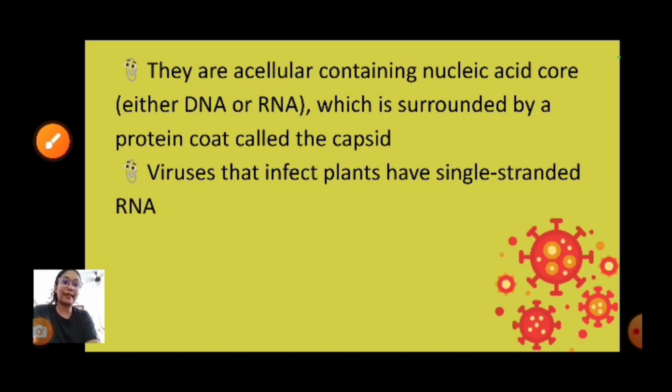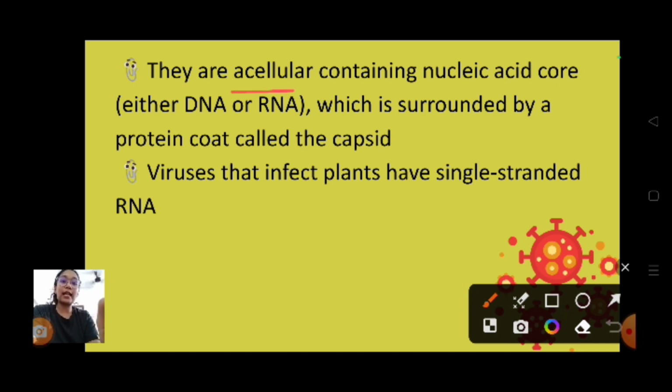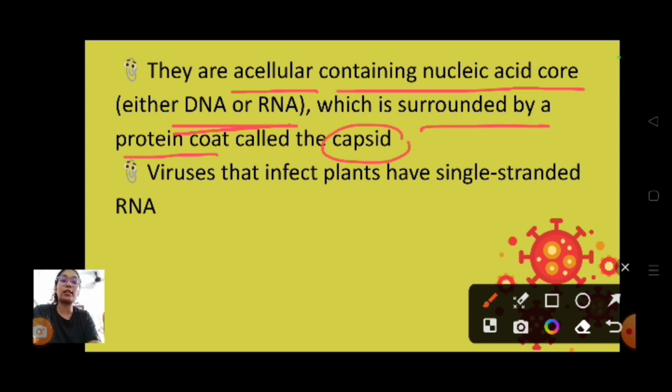So moving on to the next slide. Viruses are acellular, which we have already discussed, meaning they do not have any kind of cells. They contain a nucleic acid core, meaning they have either DNA or RNA, which is surrounded by a proteinaceous coat that is called the capsid. We have already discussed it.